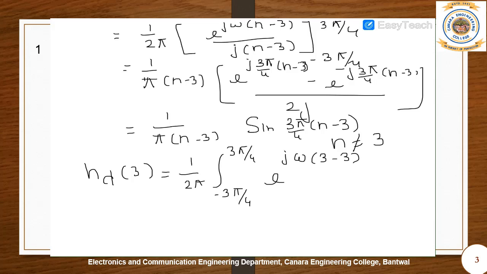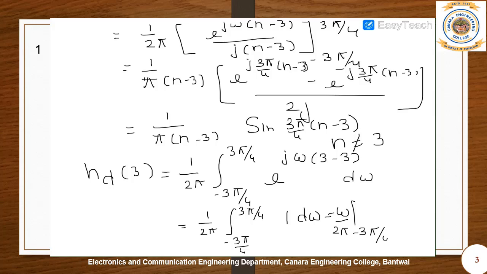So we have 1 by 2 pi, integral of 1 d omega, which gives us omega divided by 2 pi varying from minus 3 pi by 4 to plus 3 pi by 4, which gives us the value 0.75. So HD of 3 is 0.75.